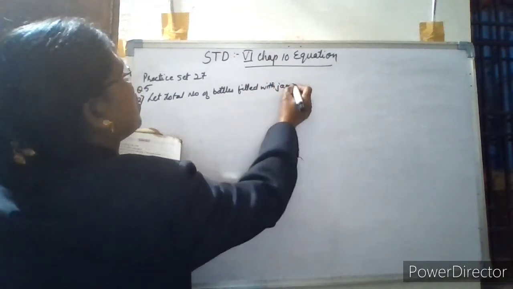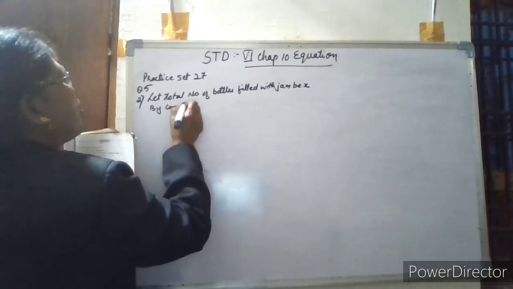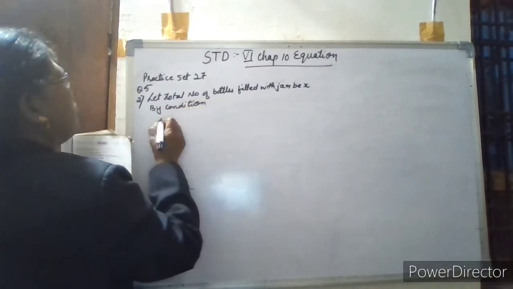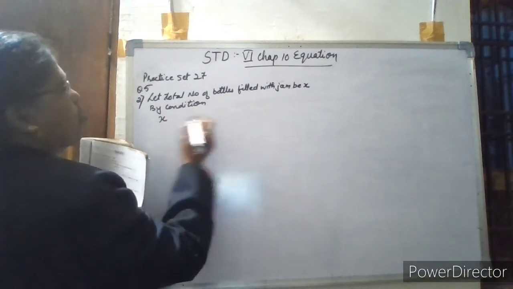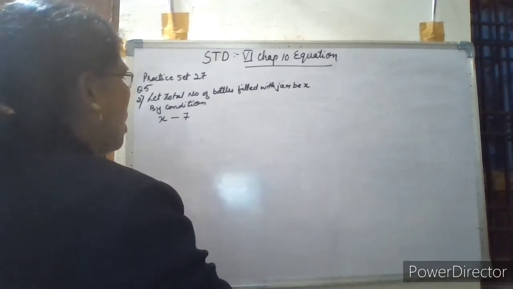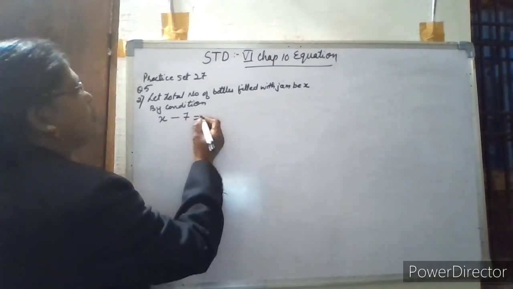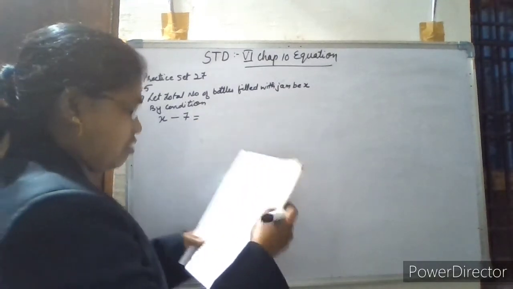So by condition, it is given that after filling the bottles, she gave away 7 bottles to her friends. Gave means minus. Then she was left with 12 bottles.